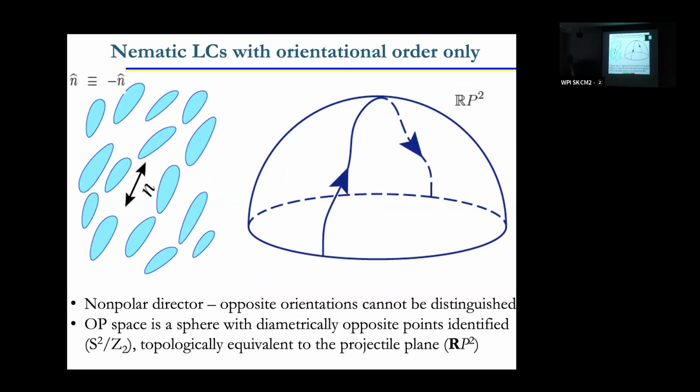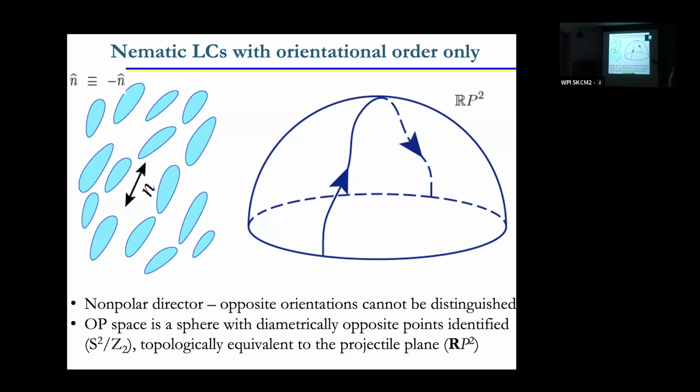But if you have a director field, from the early example that I gave, you saw if lines of the director field are confined to a two-dimensional plane, that was just a different circle, S1 mod Z2 with diametrically opposite points identified, but topologically still similar to a circle.